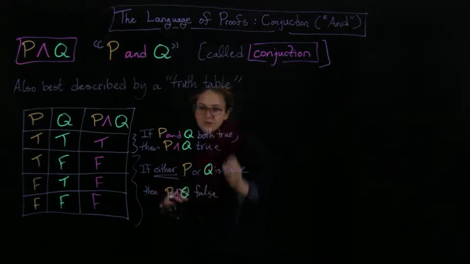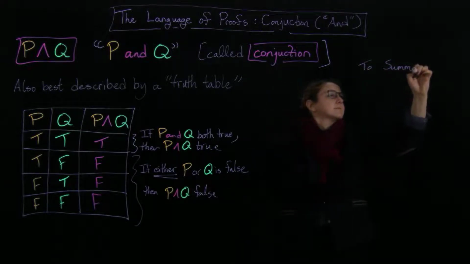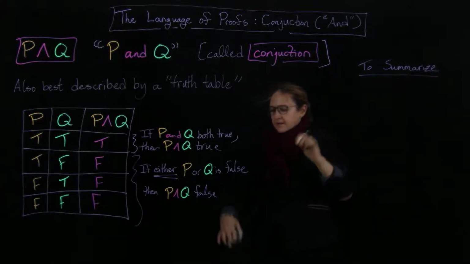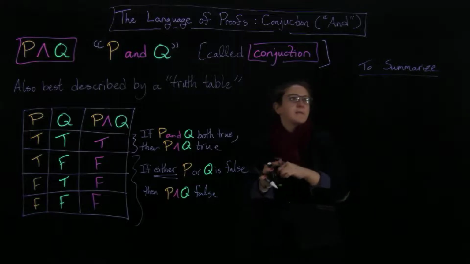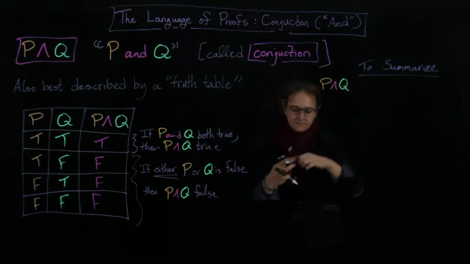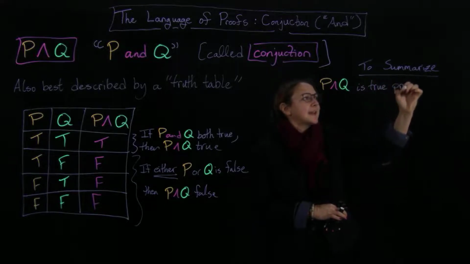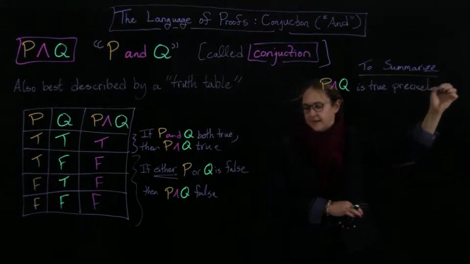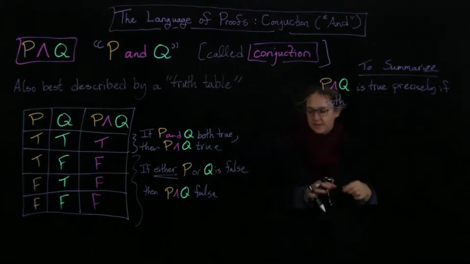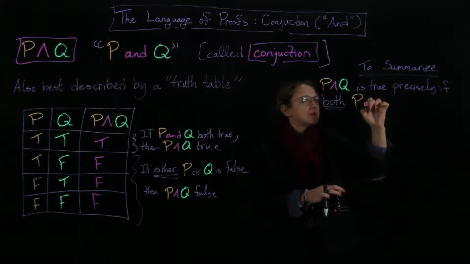So to summarize, we have that P and Q is true precisely if both P and Q are true.